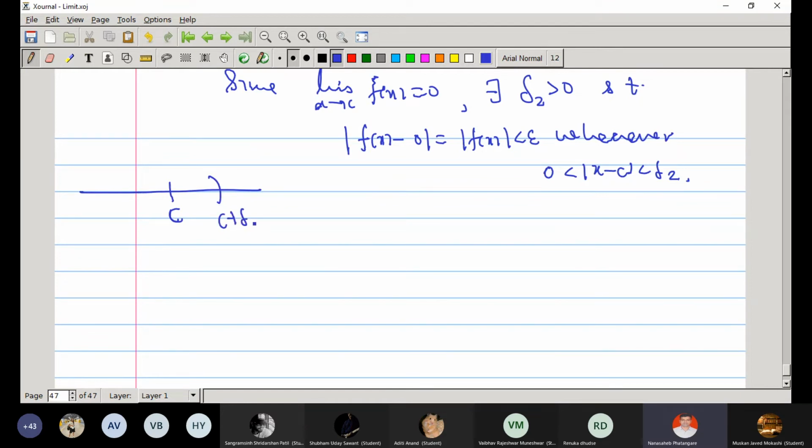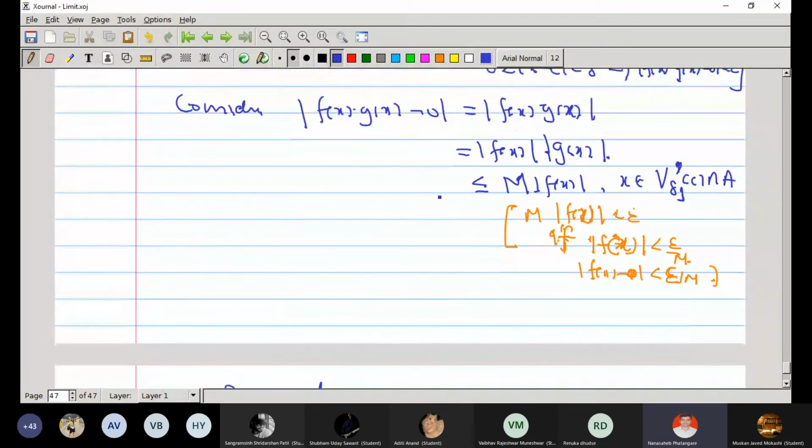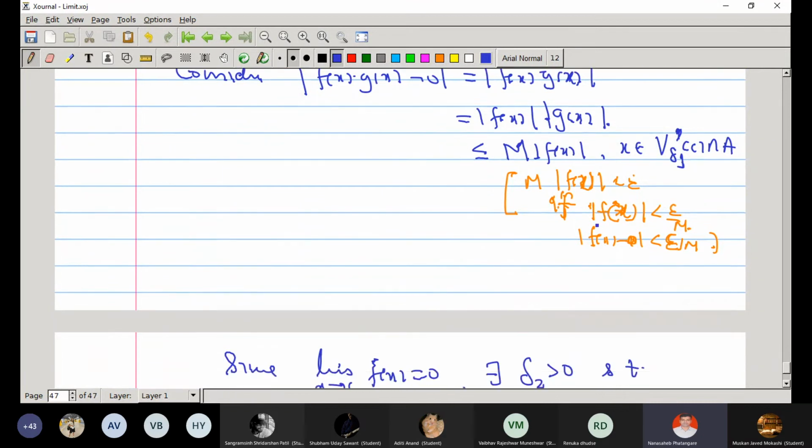So we have two neighborhoods, right? The delta 1 neighborhood and the delta 2 neighborhood. In which neighborhood will both things be true? That g is bounded, so |f(x)g(x)| is less than or equal to m times |f(x)|, and |f(x)| is less than epsilon upon m.